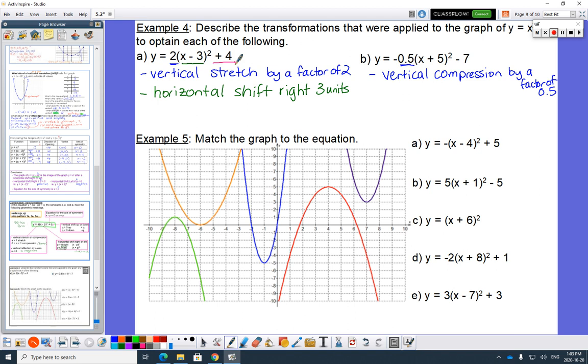Yes, it's not what you would think. But the last one is, okay, so now we have the plus 4, which is going to be the vertical shift, and it's positive 4, so that's up 4.